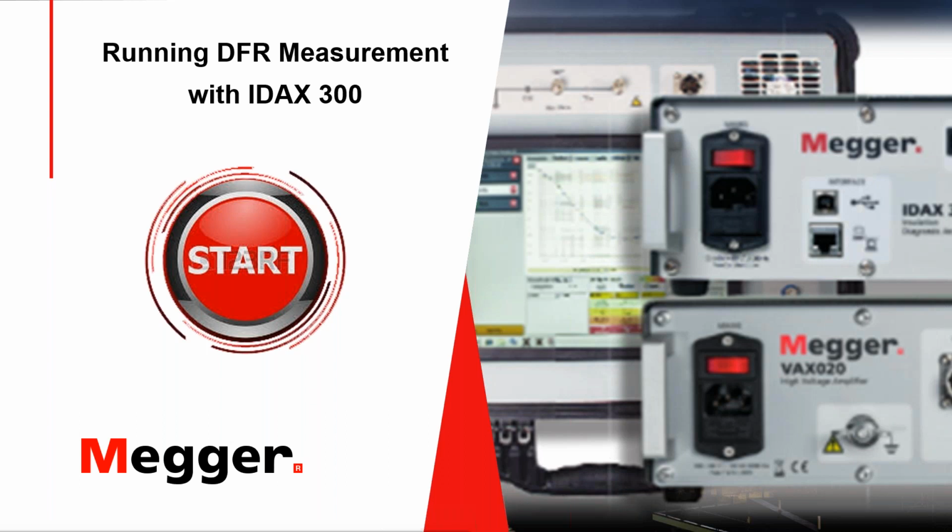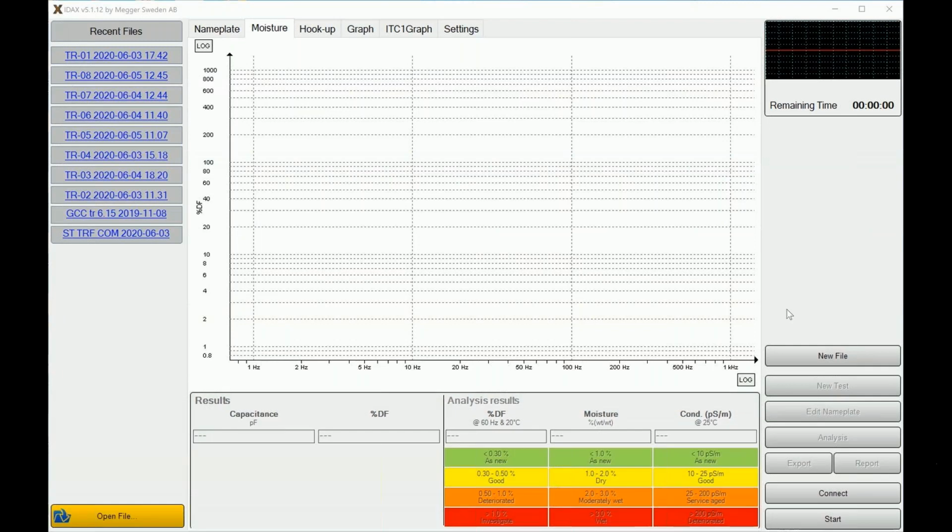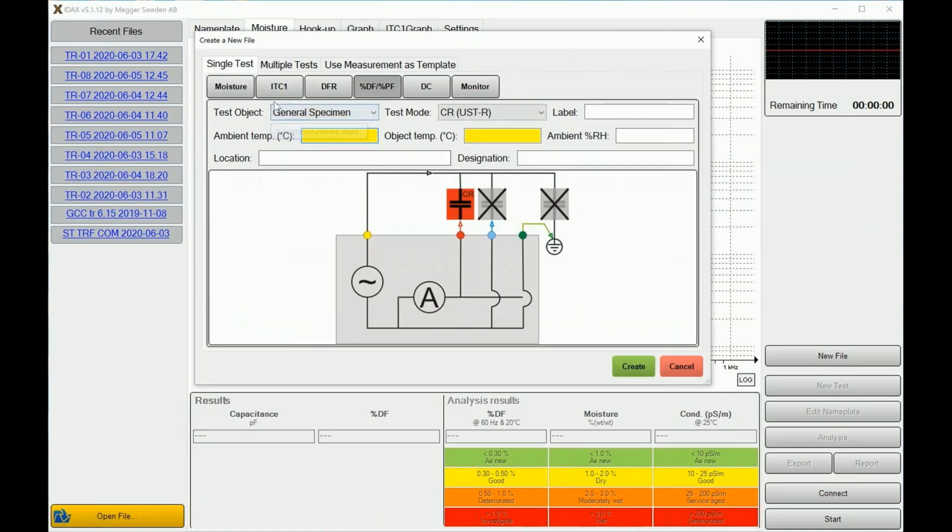So let me show you right now a little bit on how to operate the Idax unit. Okay, so basically this is the setup for the Idax software.